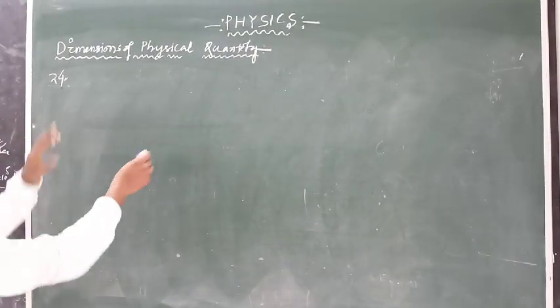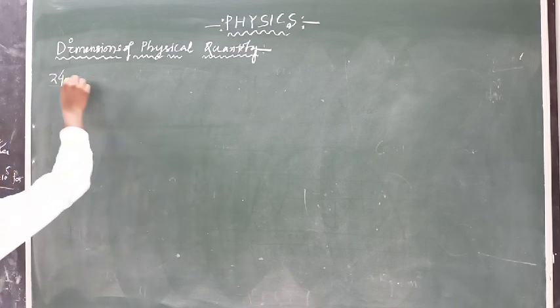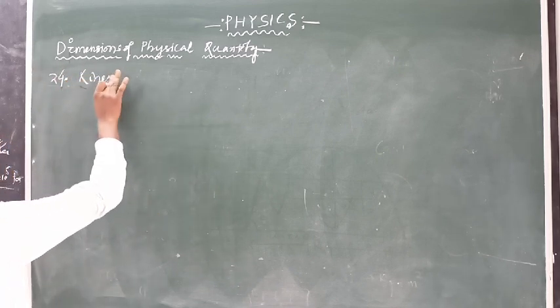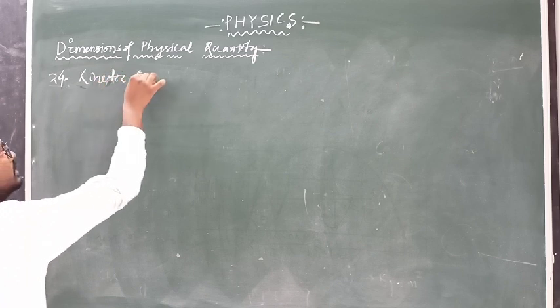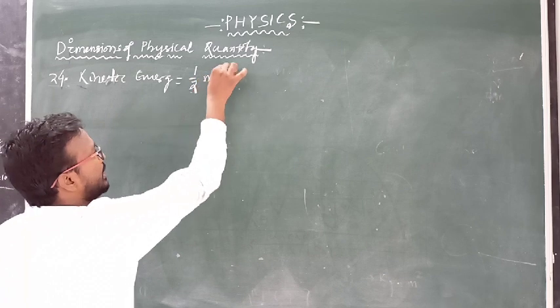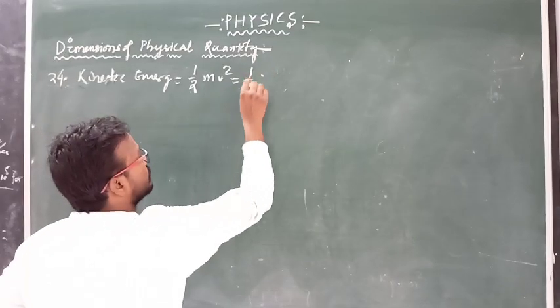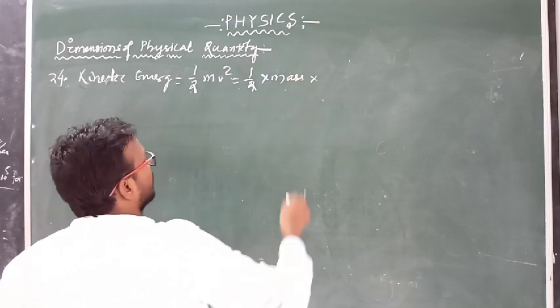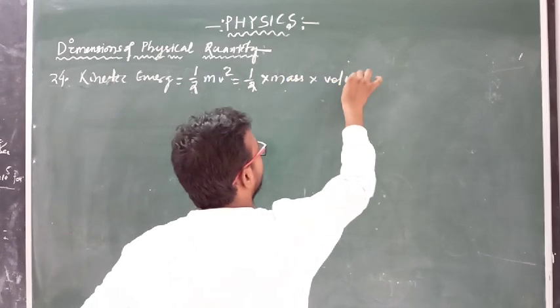Now dimensional formula 24. Now we have to find here the dimension of kinetic energy, and its mathematical formula is half mv square. So 1/2 into mass into velocity square.